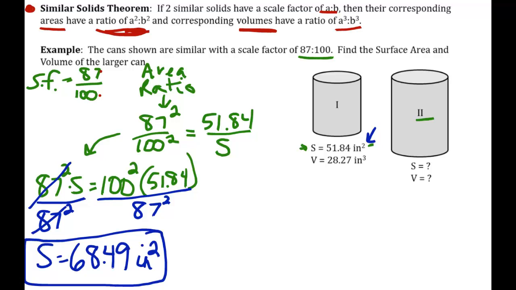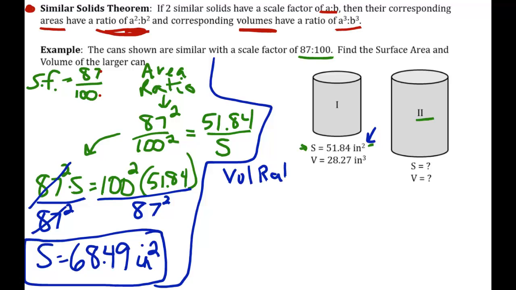Now we're going to do the same thing for volume. So now I've got to look at the volume ratio. I take that scale factor again, 87 to 100, but this time it's going to be cubed because volume is a cubed unit.